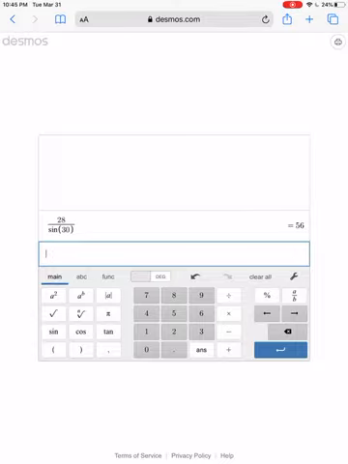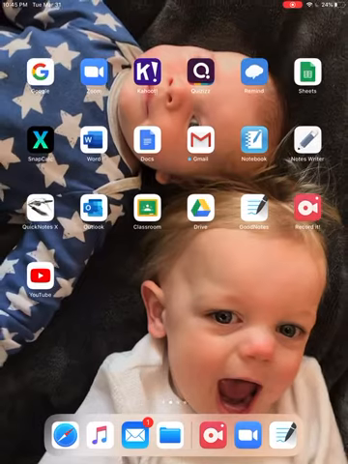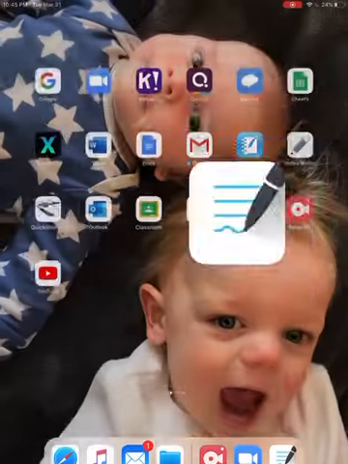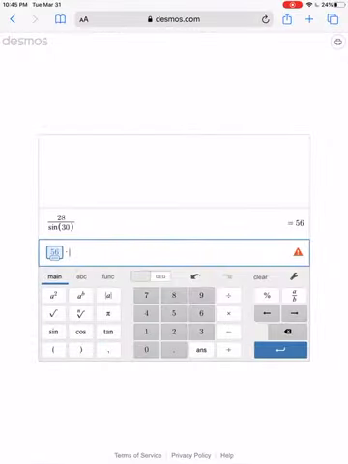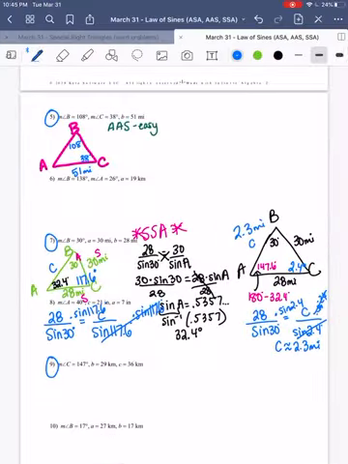So let's delete and do answer times sine of 117.6. Okay, so that's 49.6. And that unit was miles.